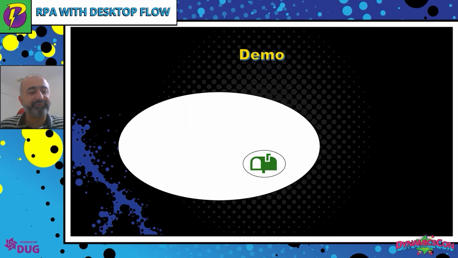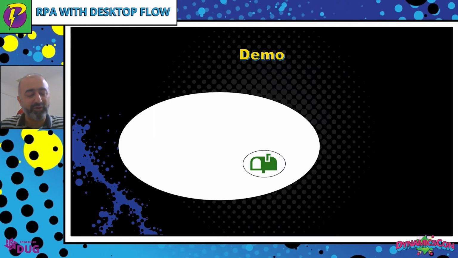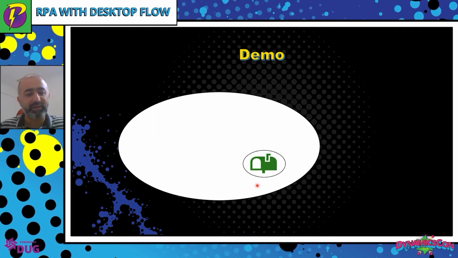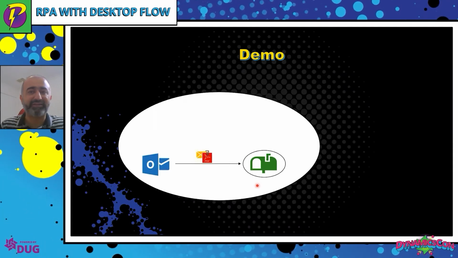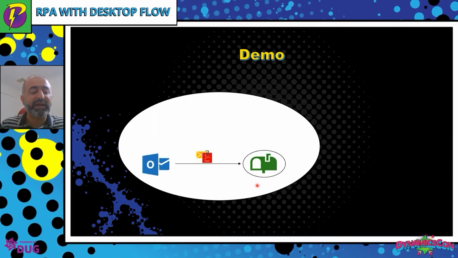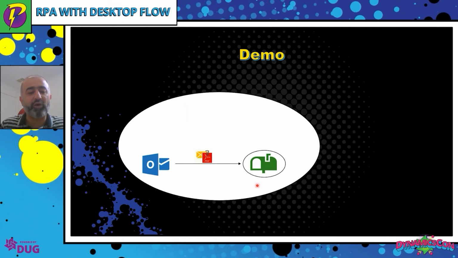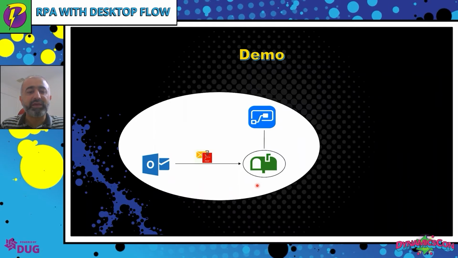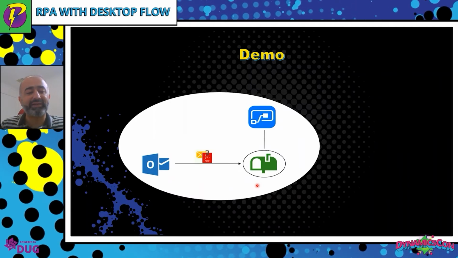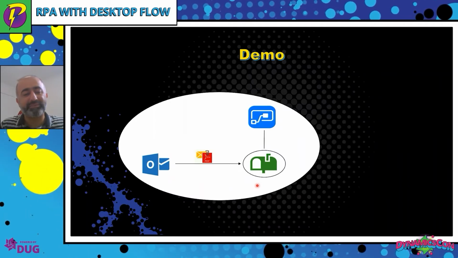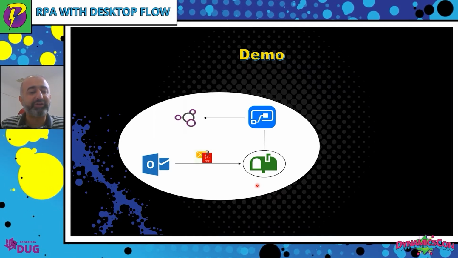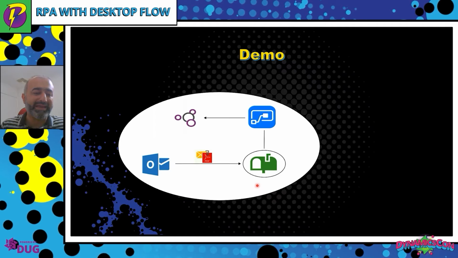The scenario is I have a dedicated mailbox. That mailbox receives emails with attachments, and that attachment will be in PDF form, an order form having some order details. Here, the cloud flow will start its execution and pass that attachment to AI Builder.